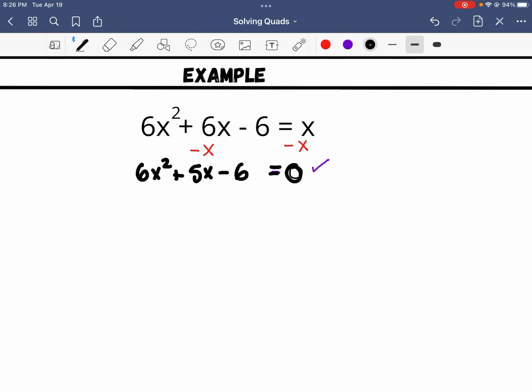So now I can get started. So identify A, B, and C. A is 6, B is 5, and C is -6.